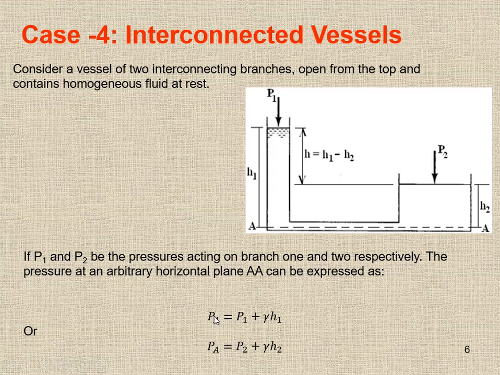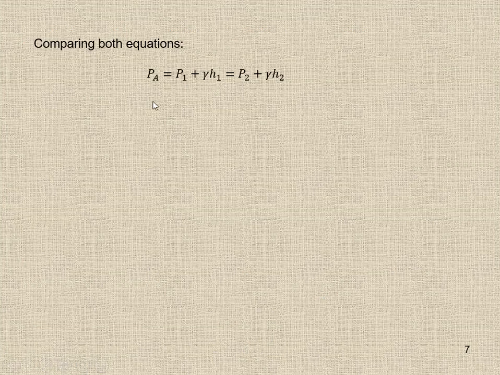So we calculated the PA pressure for vessel 1 and the PA pressure for vessel 2. Let's move on. Comparing both equations, PA is equal to P1 plus gamma H1 and also P2 plus gamma H2.